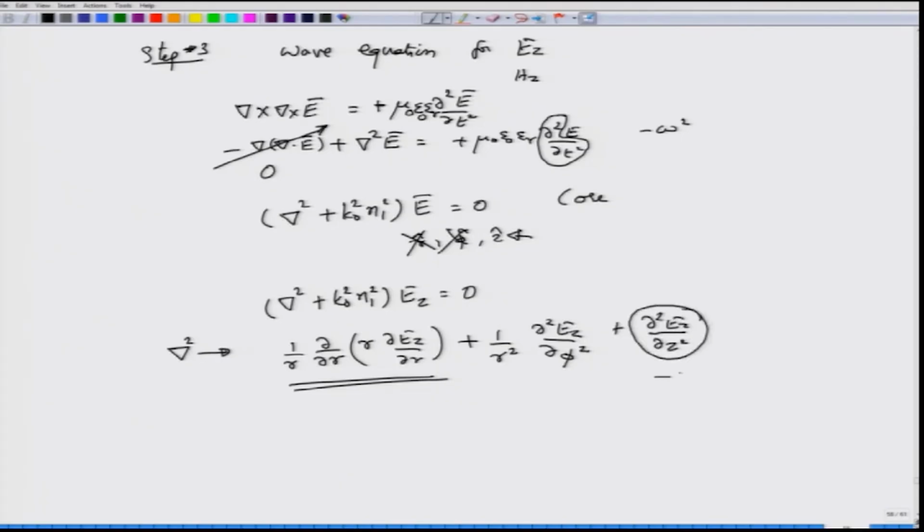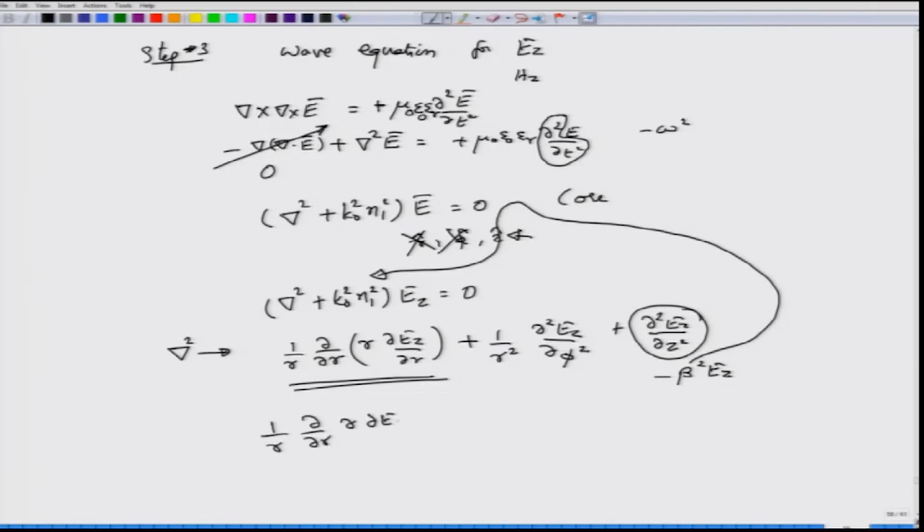But I know that del square by del z square can be written as minus beta square Ez, and that is the minus beta square that I am going to substitute into the wave equation. So, what I have is this simplified equation which depends only on r and phi. Please keep this in mind, these are not gammas, these are actually r.